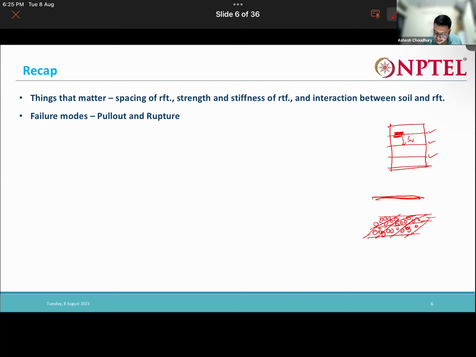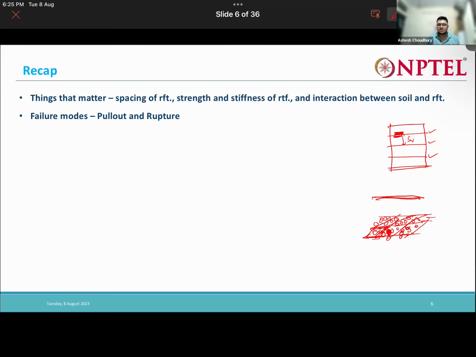So what will happen is, geogrids have large open spaces in between them. So there will be some interlocking between the geomaterial and this geogrid, right? The gravel will be getting inside that aperture.